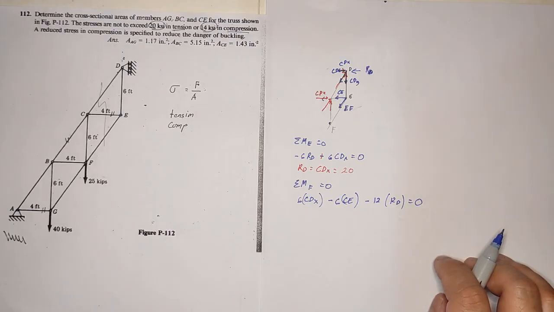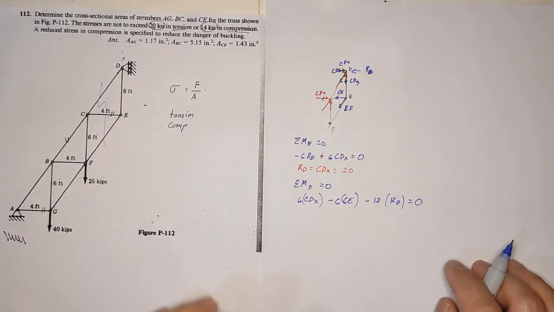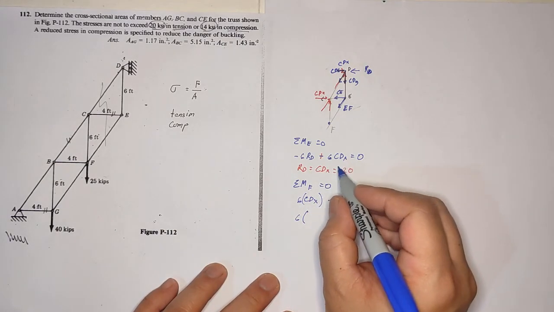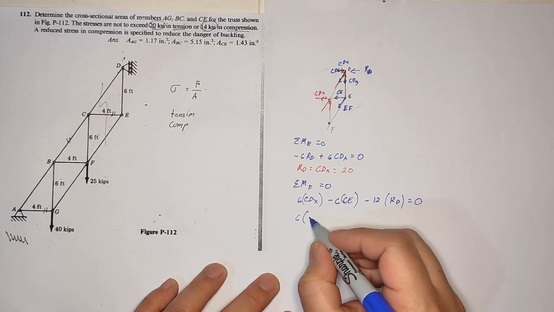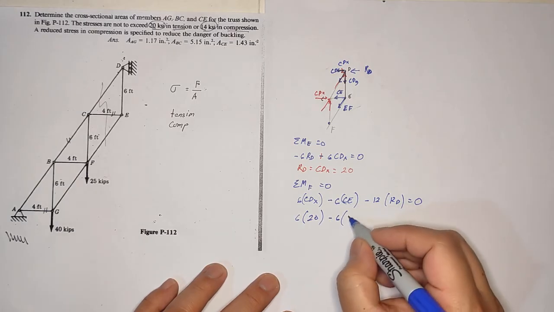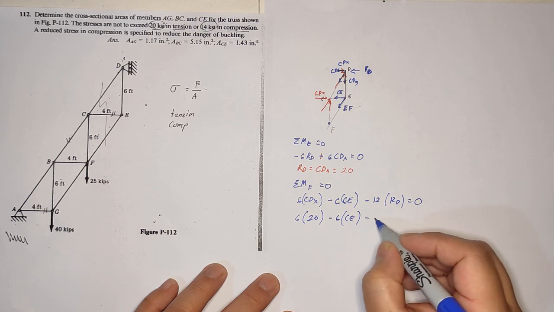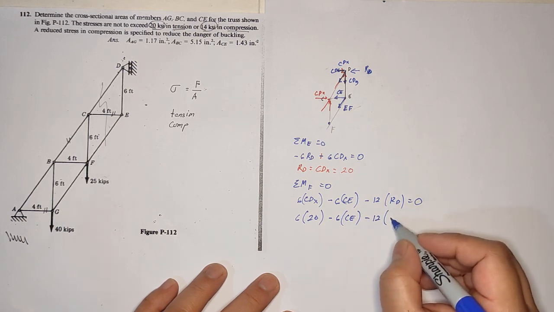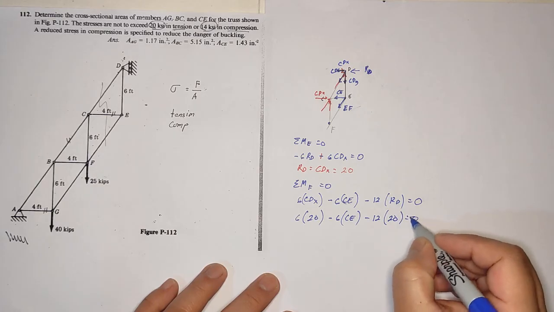I will just see my notes para hindi magkamali. So you have 6 CDX is 20 minus 6 CE is unknown. 12, then you have RD, that is RD is 20 equals 0.